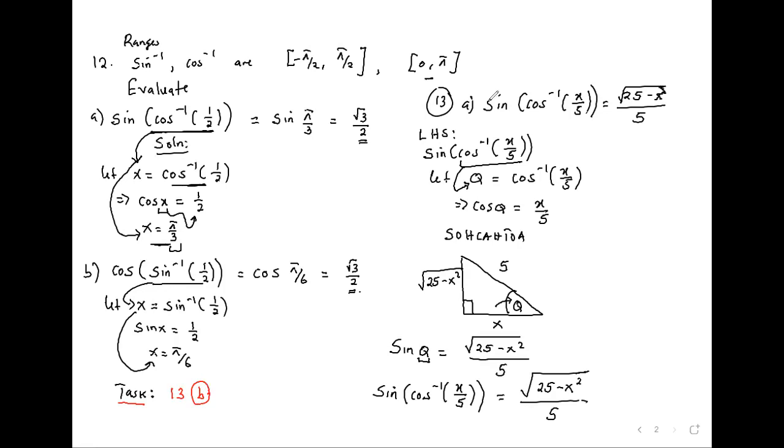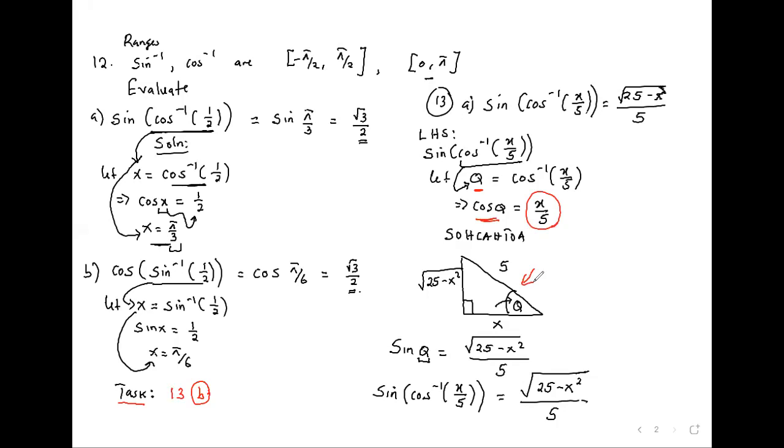So the concept of question 13 is on the triangle. When you let the inside be an angle, then you redo the inverse, you get to the normal cos. And then whatever remains here, because x is unknown, you take it on the triangle. These act like the sides of a triangle. If it's cos, you know it's adjacent over hypotenuse.